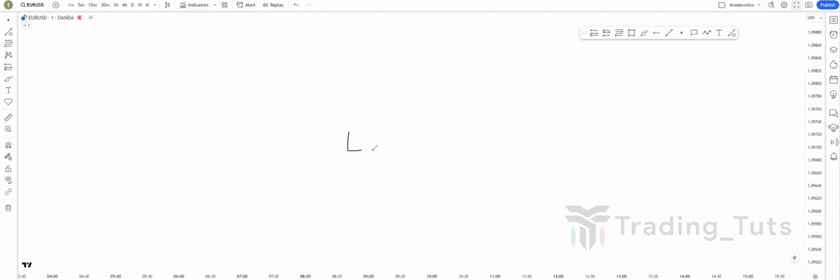So we have a block right here. And we have in this scenario a bullish order block. Now, to me, a bullish order block has nothing to do with the candle itself of the order block. It's not something about the color of the candle. It doesn't matter if it's a bearish or a bullish candle. Because let's say you have a bearish candle right here and you are on the 15-minute.